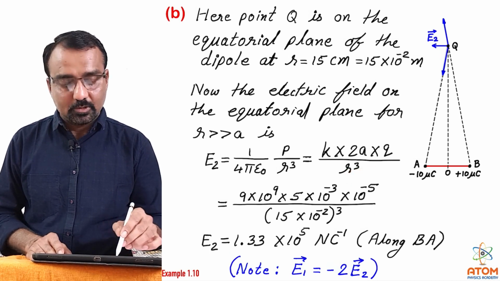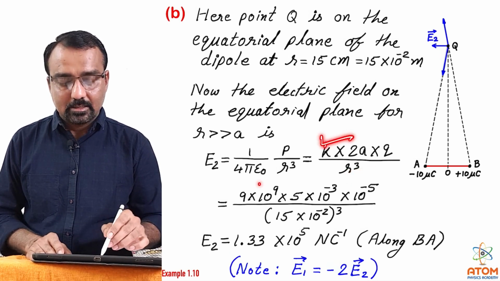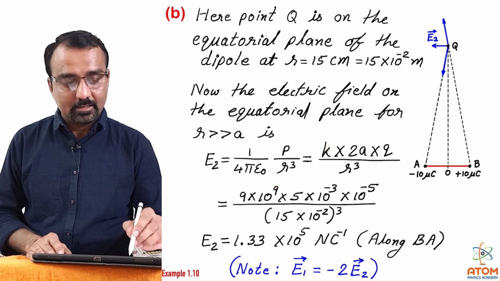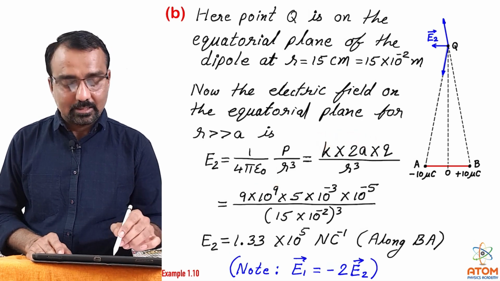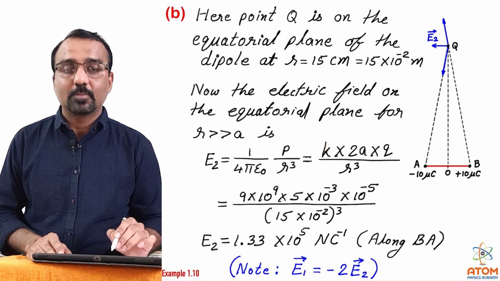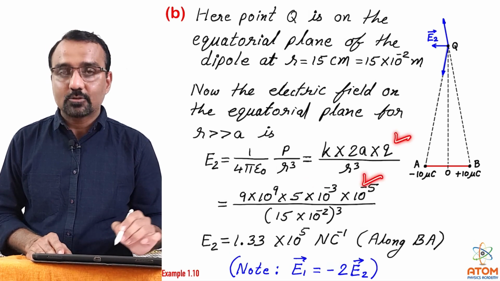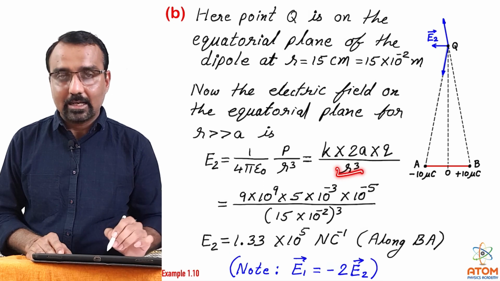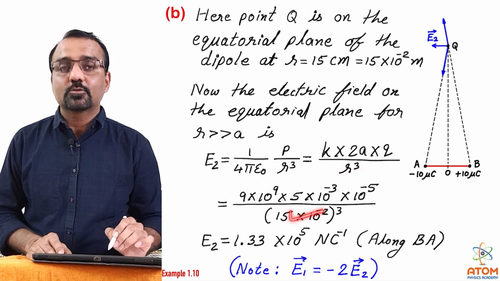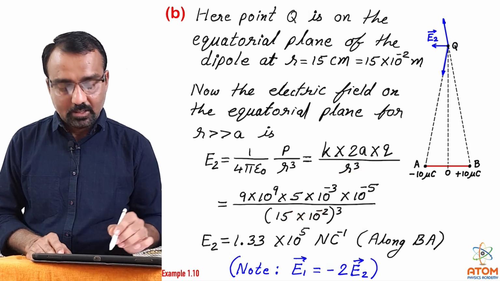So now let us put the values. K is 9 into 10 raised to 9, 2a is the distance given, that is 5 into 10 raised to minus 3, and q, the charge, is 10 raised to minus 5. The distance r is 15 into 10 raised to minus 2, whole cubed.